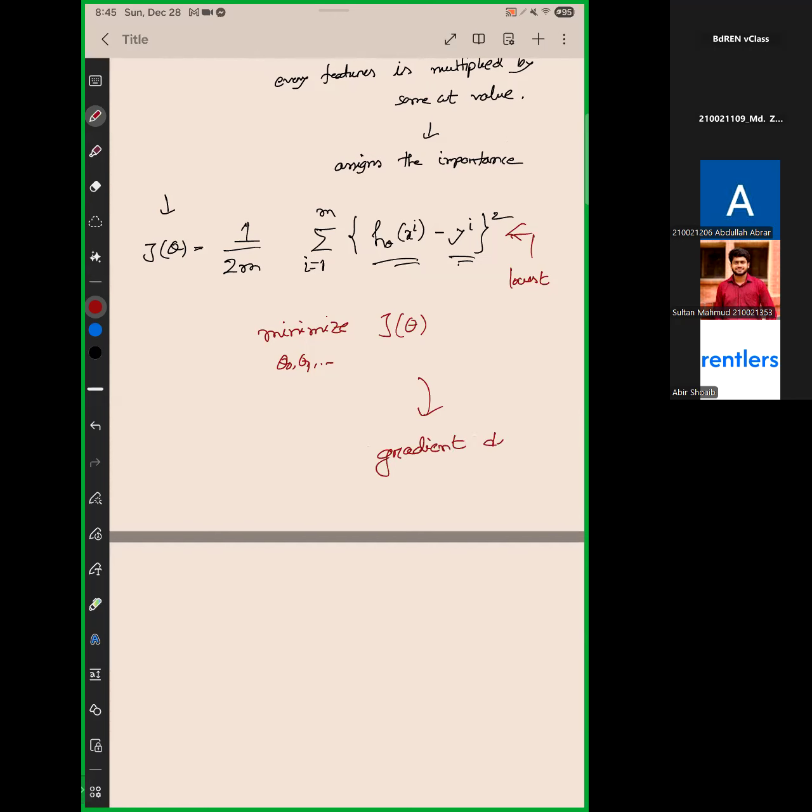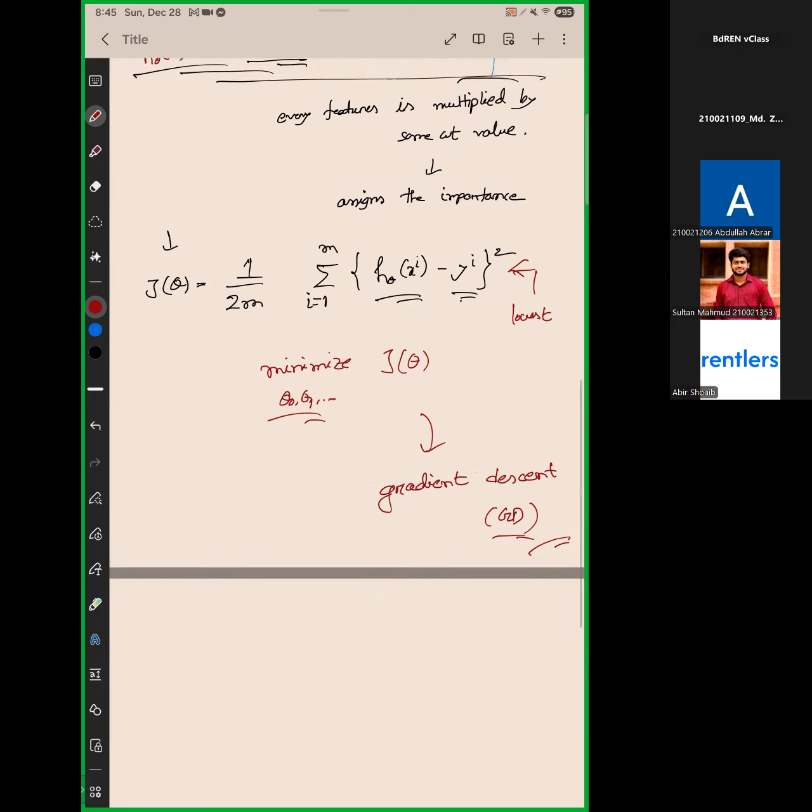The gradient descent algorithm allows us to find the values of theta 0, theta 1, theta 2 gradually. After several iterations, it will gradually go to the minima. Since it's a gradient, it will always move to the minima. That's what we studied in the last class. Any question up to now in this linear regression concept?